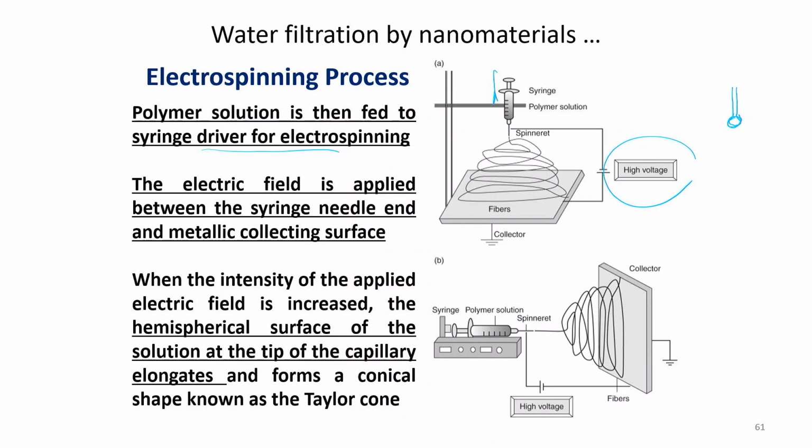Then due to this voltage it will start elongating and form a conical shape, which is known as the Taylor cone. It will form a conical shape like this due to the applied electric field. Then the nanofiber will be generated and collected on the collection surface.